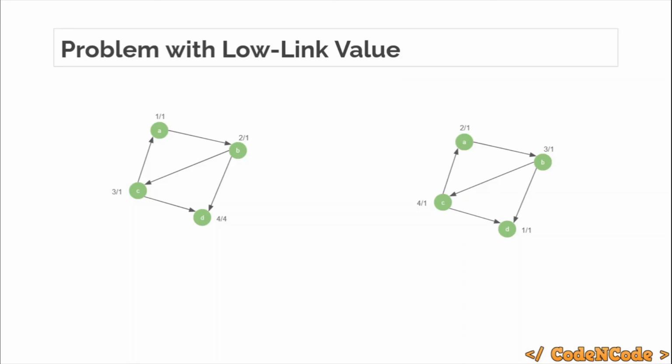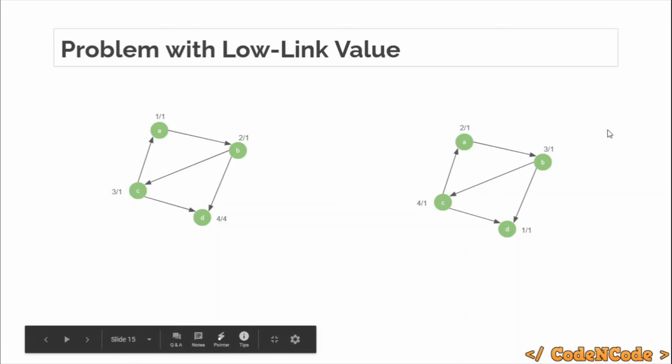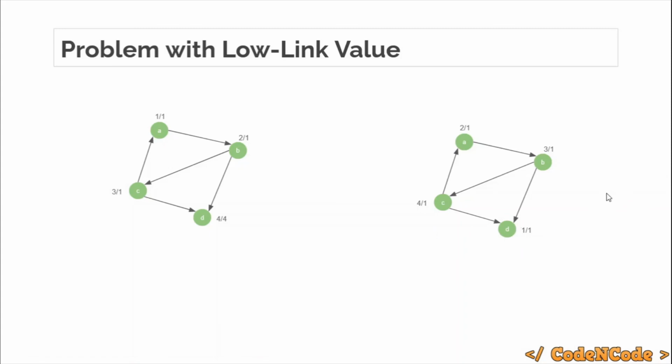It defines a criteria for when you are going to update your low link value with other nodes. It keeps track of certain valid nodes from which you can update your low link value. Suppose you are going to update your low link value using the low link value of D. There is a list of nodes from which you can do that. So you wanted to update from D, so you would see whether D exists in that valid list or not.